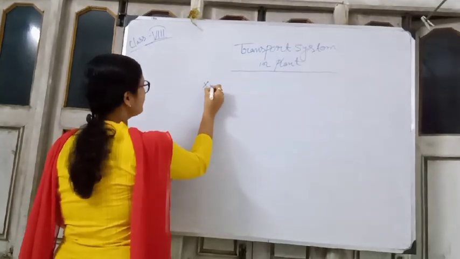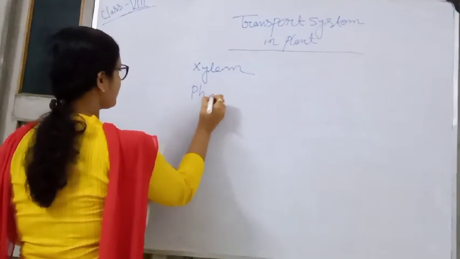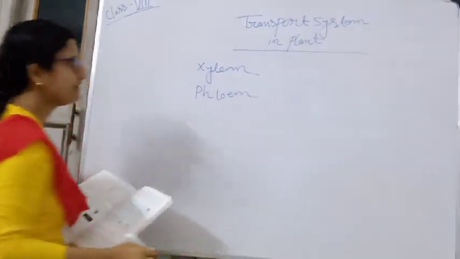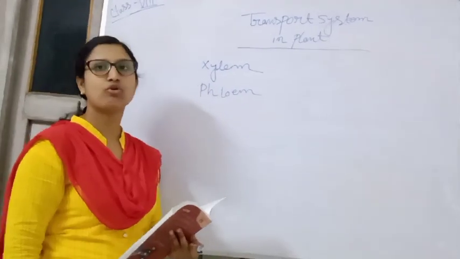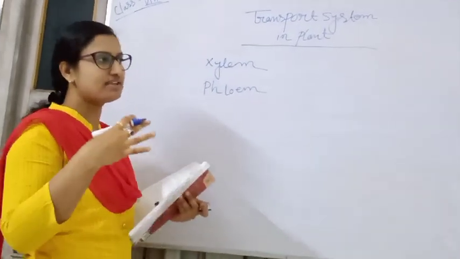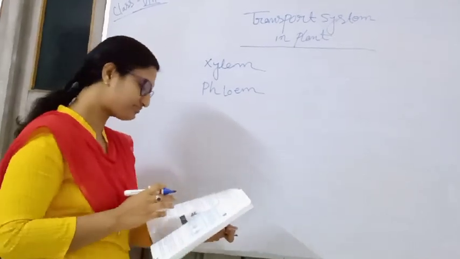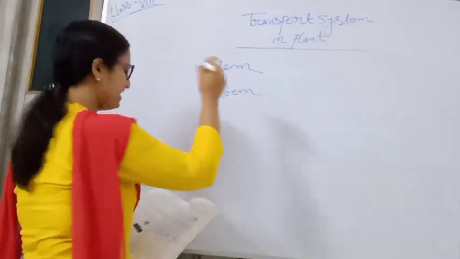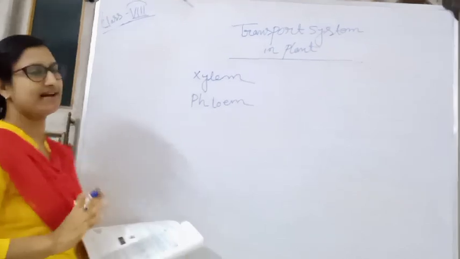Xylem and phloem together are called the conductive tissue, and together they are called the vascular bundles. They help in the transport system in the plant.